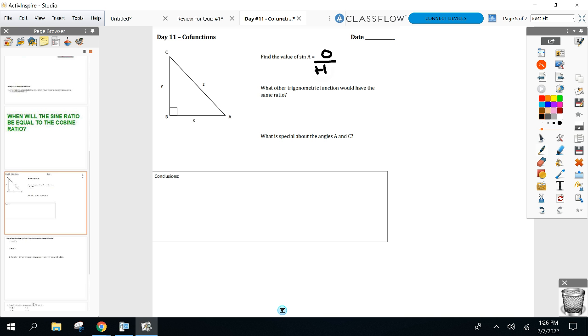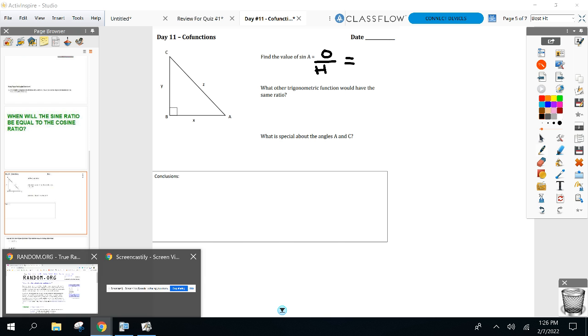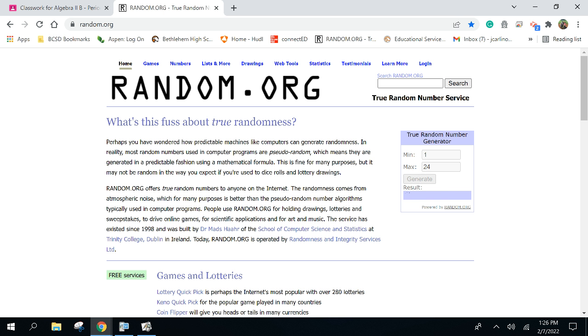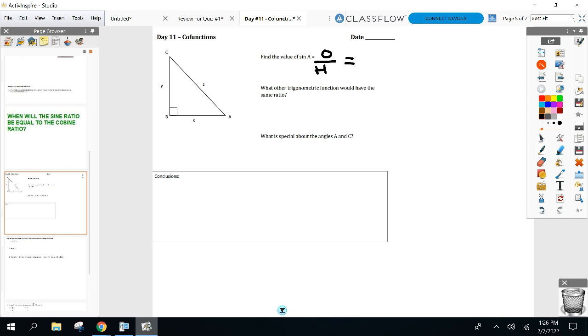Opposite over hypotenuse. Good. Now using your letters, what is opposite and hypotenuse for A? Y over Z. There you go. So Y over Z is my sine ratio.